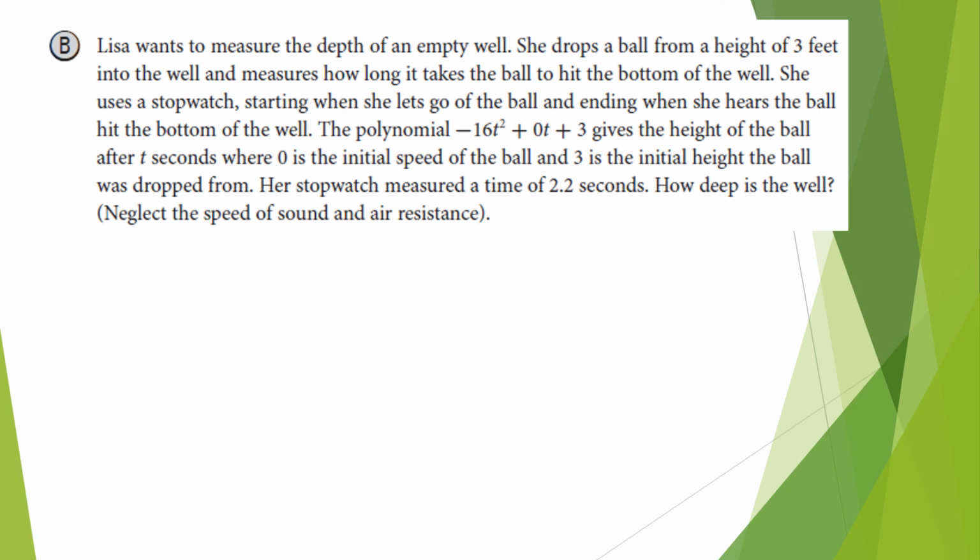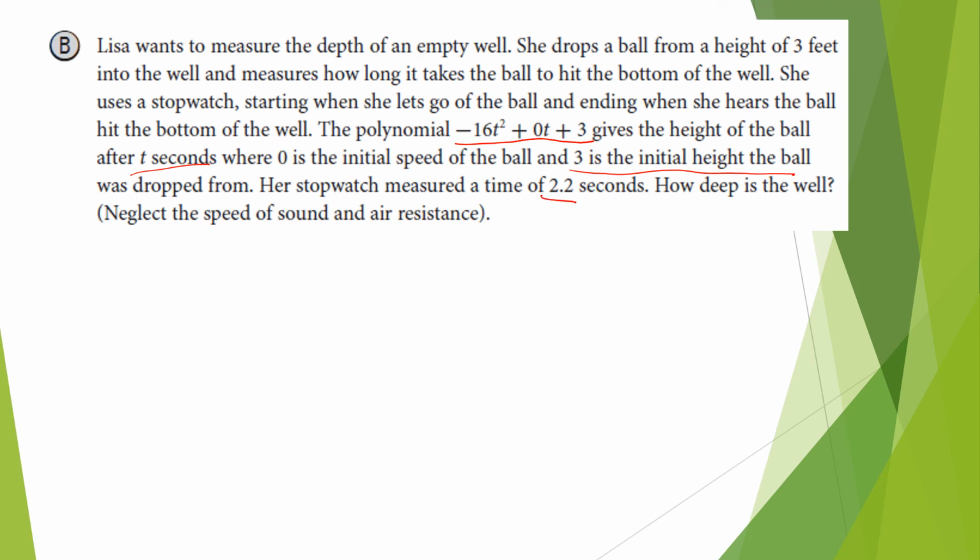The polynomial we're using here is negative 16 t power 2 plus 0t plus 3, which gives the height of the ball after t seconds, where 0 is the initial speed of the ball and 3 is the initial height the ball was dropped from. Her stopwatch measures time 2.2.